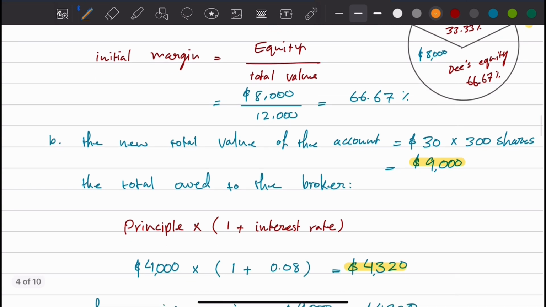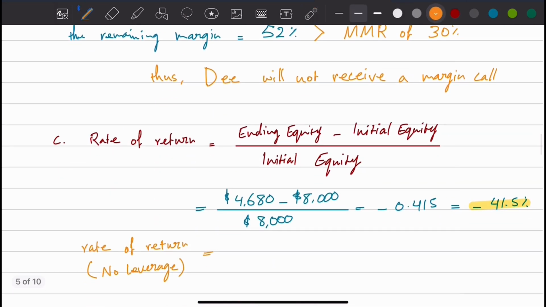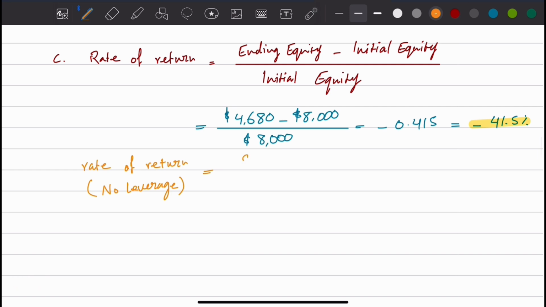Right, we did calculate it before. Yes, right here. So 9,000. This will represent the ending equity. Because remember, in this scenario, she's paying everything from her own money. So if the stock drops down in price from 40 to 30, it's going to be 30 multiplied by 300 shares, right? Which is 9,000. Minus the initial equity, which was the total value of the portfolio at the beginning, which was $12,000.